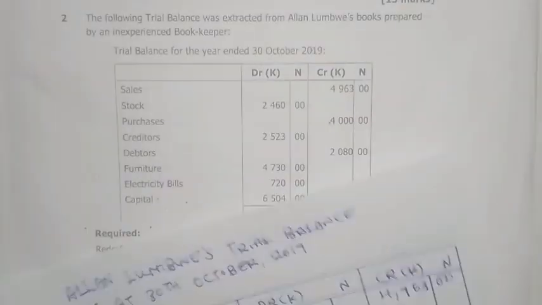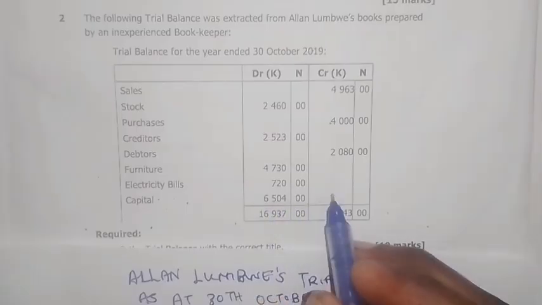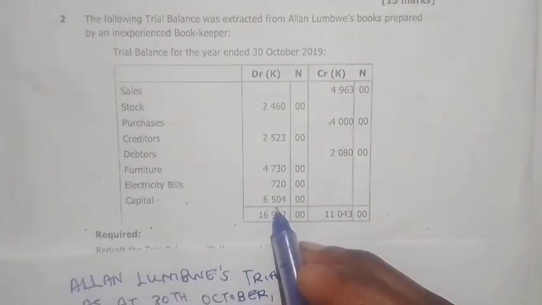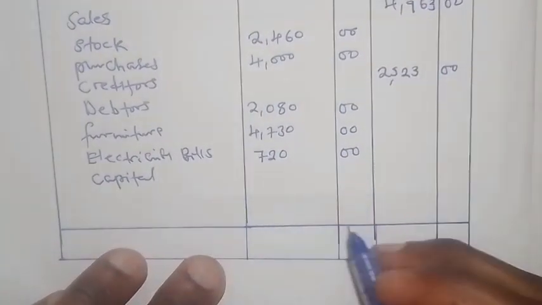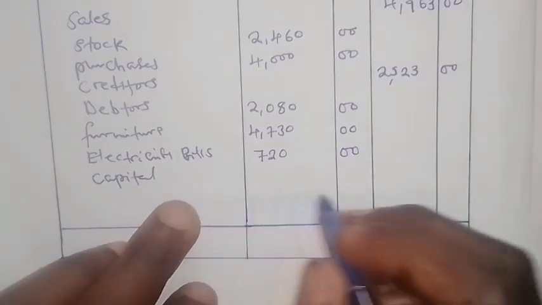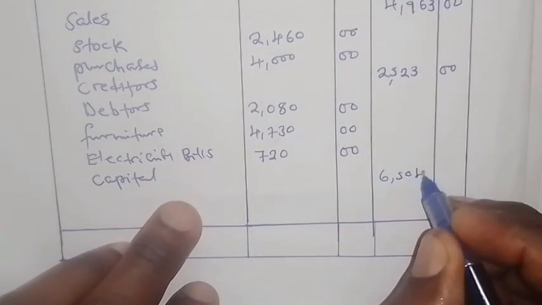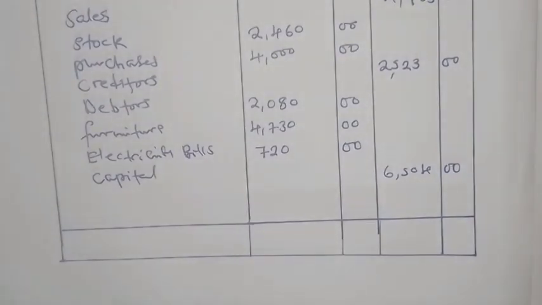And then capital, we know that it was wrongly entered, so we have to put it on credit side. With how much? 6504. So this is going to be 6504. Okay.